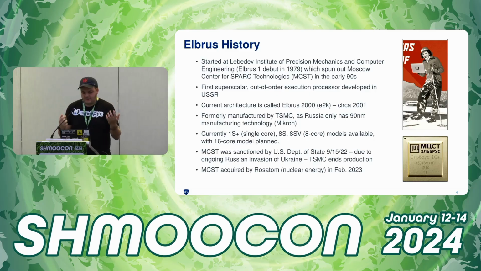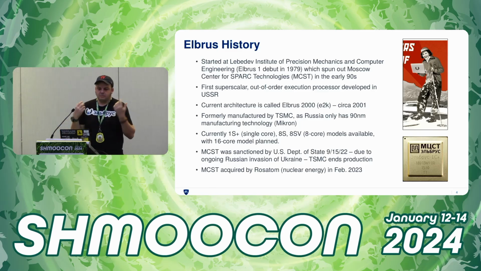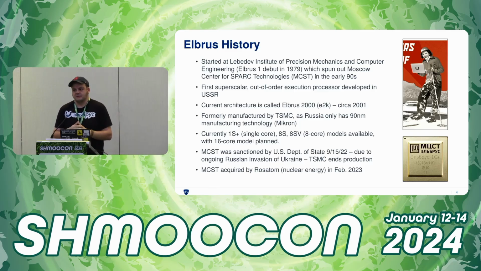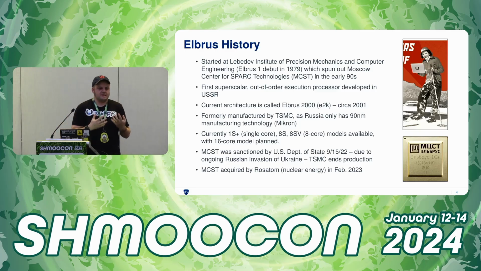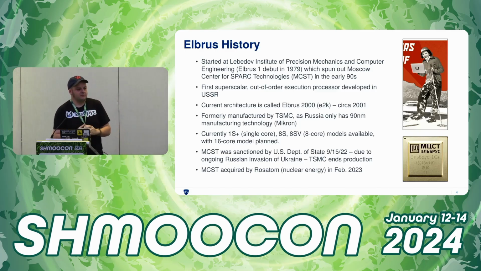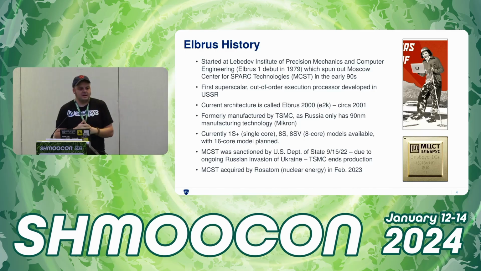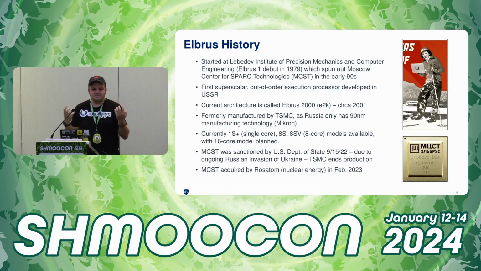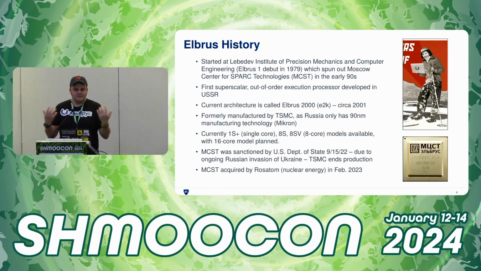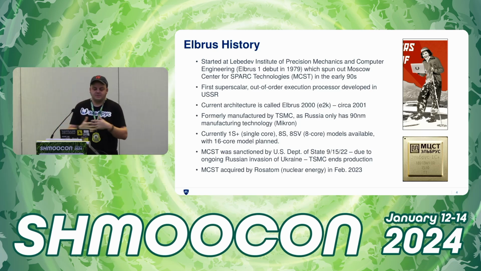Okay, so let's talk about Elbrus. Elbrus is really interesting because it is one of the Russian microprocessors where the architecture itself was developed in Russia. We see this with Russia and China, where you have microprocessors developed in those countries, but a lot of times they're an architecture like ARM or MIPS that somebody else developed and they're just implementing it.